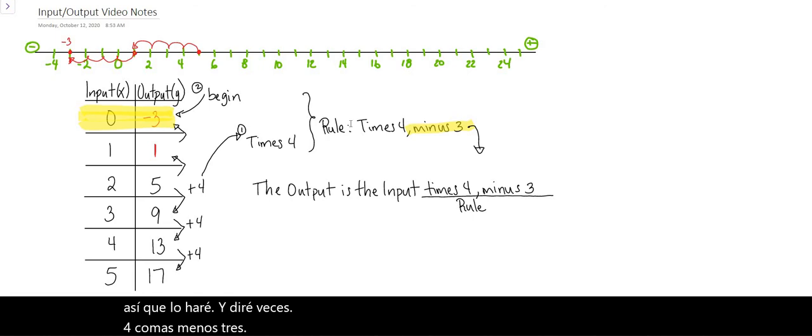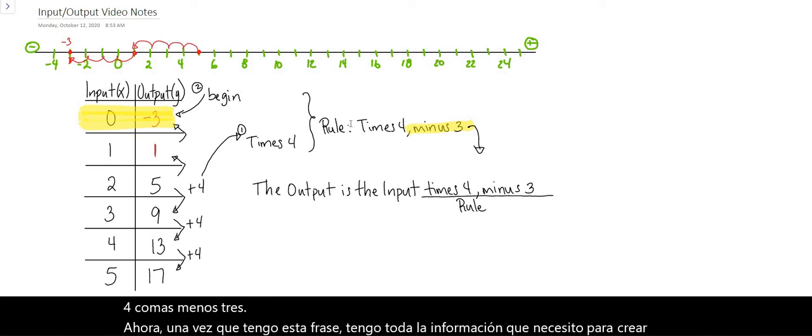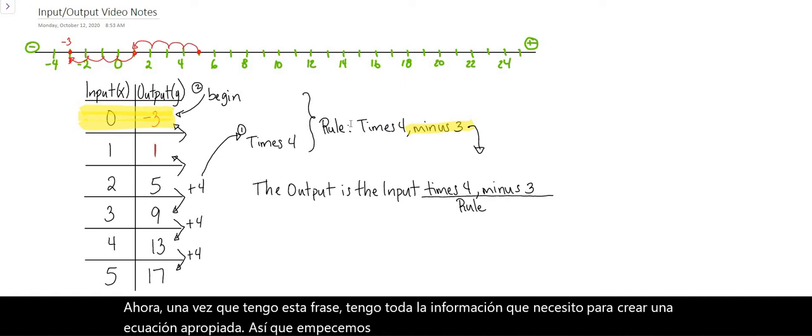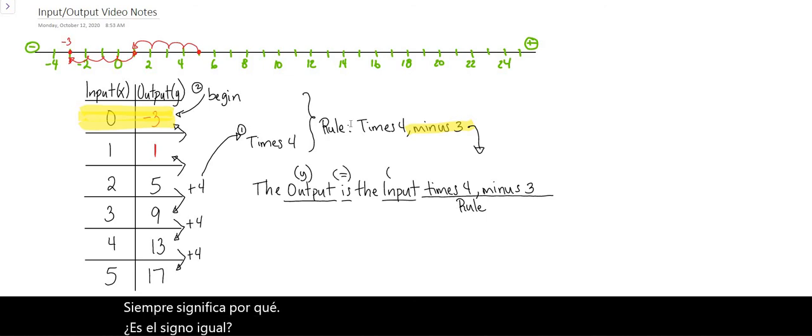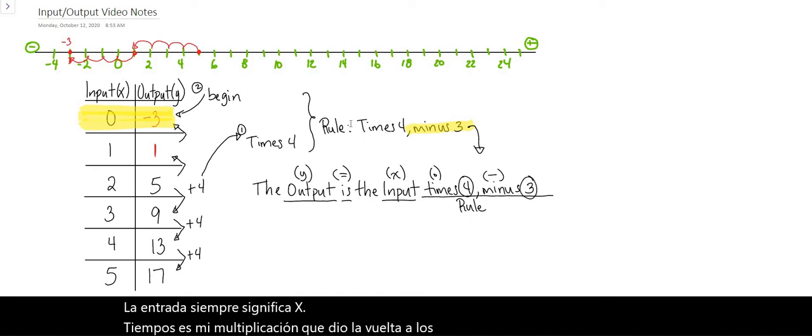Now, once I have this sentence, I have all the information I need to create an appropriate equation. So let's start breaking it down. Output always means y. Is the equal sign. Input always means x. Times is my multiplication dot. Circle the 4, minus, subtraction, and circle the 3.